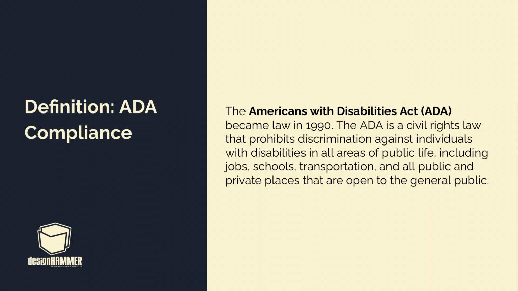It is not 100% clear whether a website in all cases is a public accommodation. But discretion being the better part of valor, it's best to assume that it is. So websites for businesses that interact with the public need to be accessible. A lot of institutions, nonprofits, and educational institutions, whether or not they're federally funded, may have accessibility as a requirement.